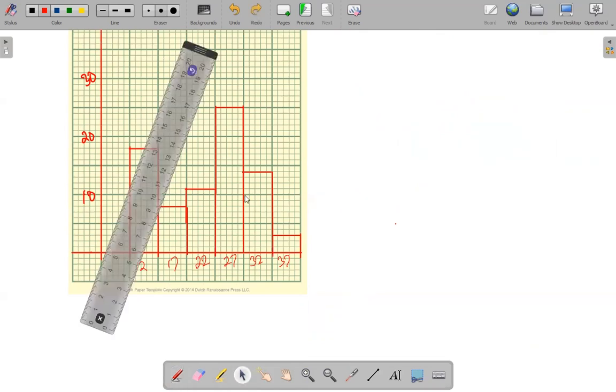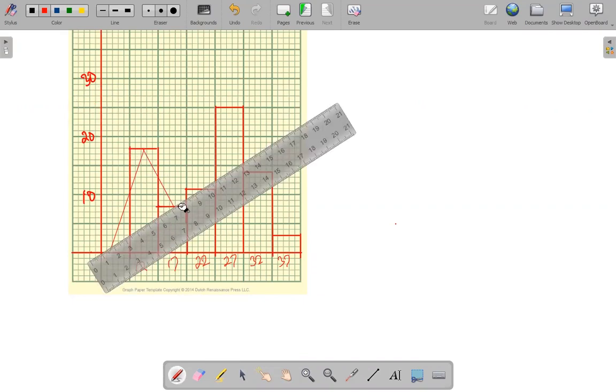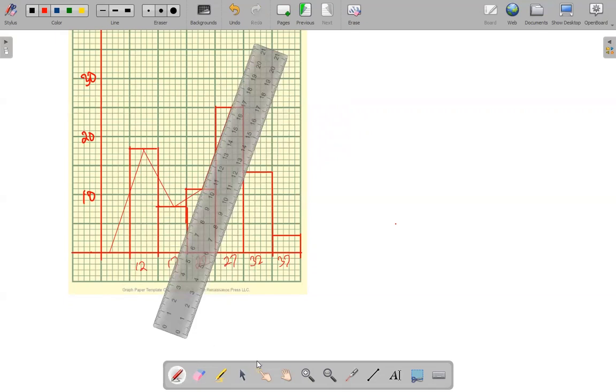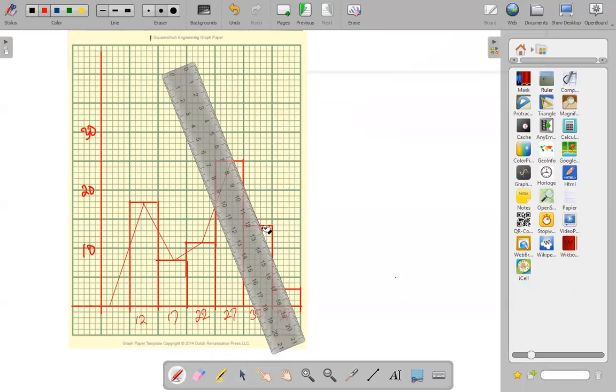We start from here to the middle of this, draw a straight line, join the middle of this to this, and draw this, join this to this, join this, join this to this, and finally join this to this.